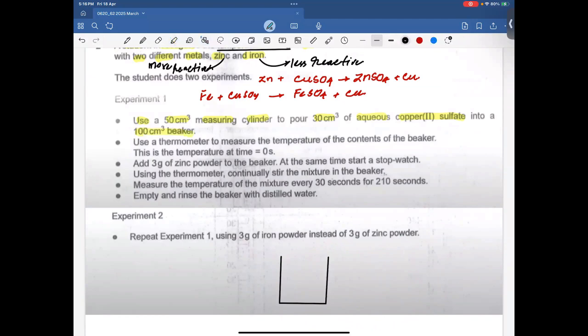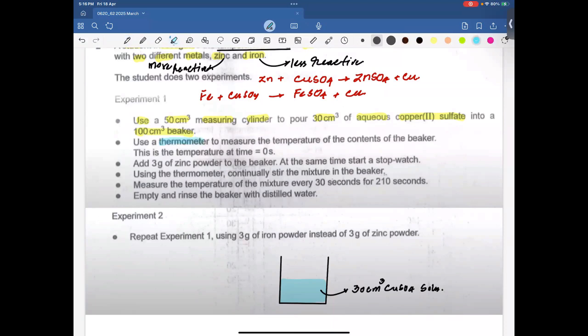Okay. So I'm gonna place copper sulfate solution into this beaker. 30 cm cube. Copper sulfate solution.